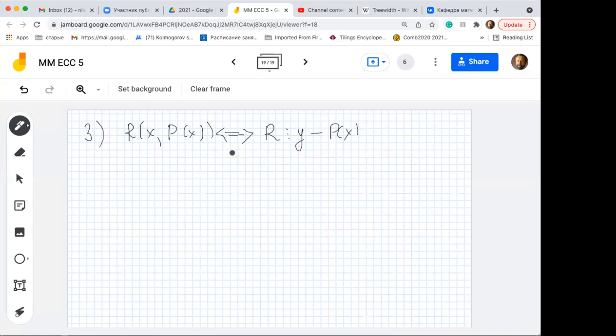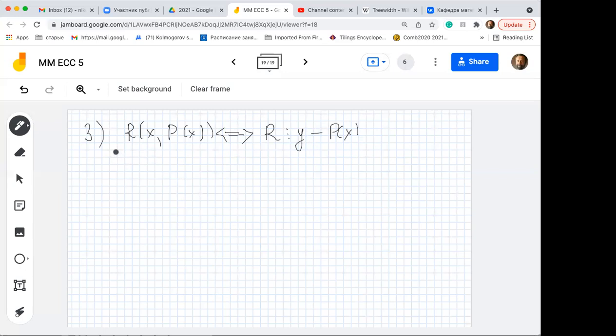The proof in one direction is trivial, from right to left, because if r is divisible by this polynomial, then we can substitute p of x for y and see that r vanishes. And the other direction is proved as in Bezout theorem.